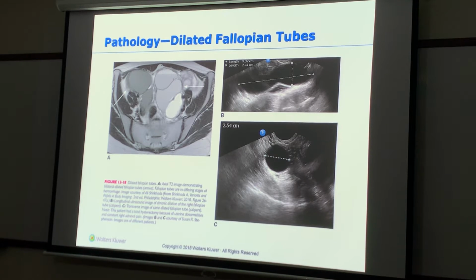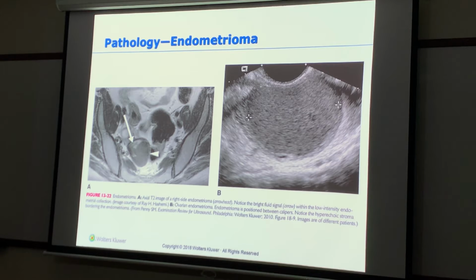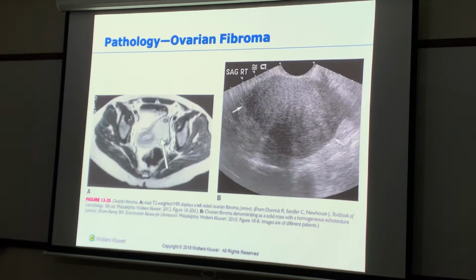Okay? So this is a dilated fallopian tube. Here is an endometrioma, known as a chocolate cyst. It's usually going to be homogeneous.